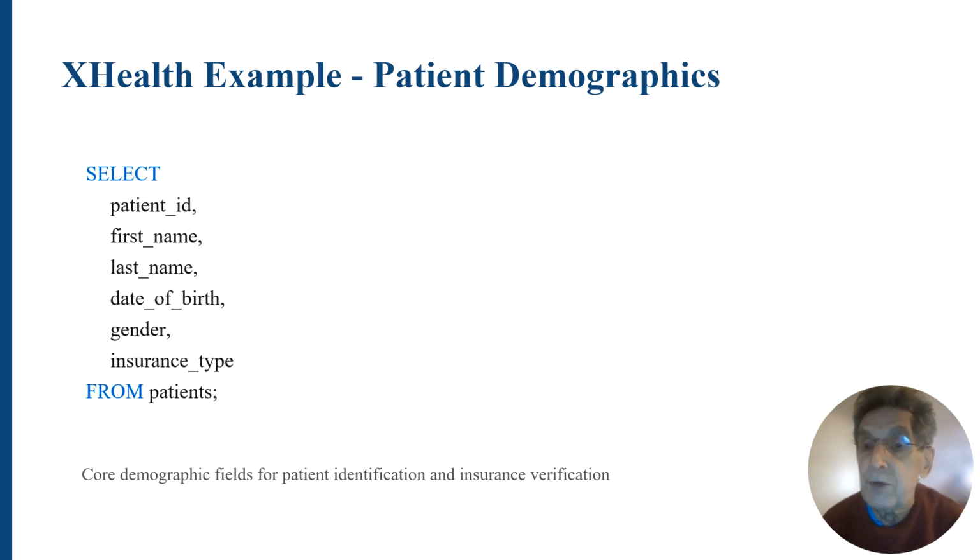We're not pulling addresses, phone numbers, or other fields that aren't needed for our report. The patient ID is our primary key, the unique identifier for each patient, for each row. Including this in your results is often important because names aren't unique. You might have multiple patients named John Smith, but each will have a different patient ID.